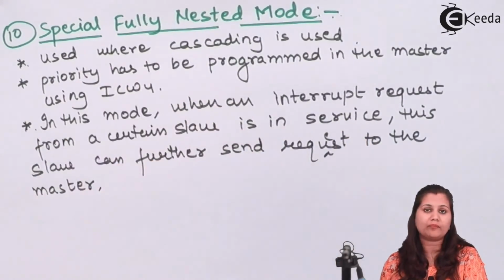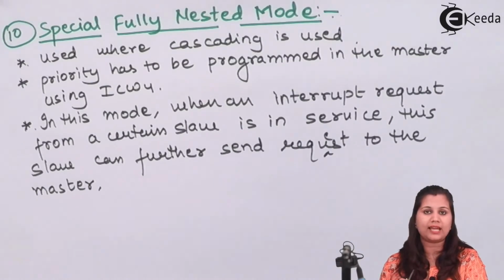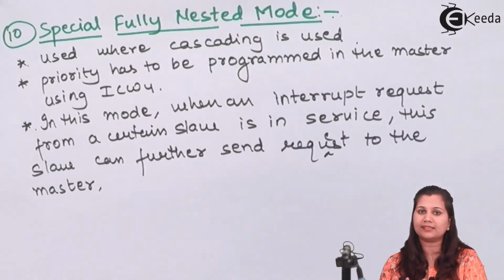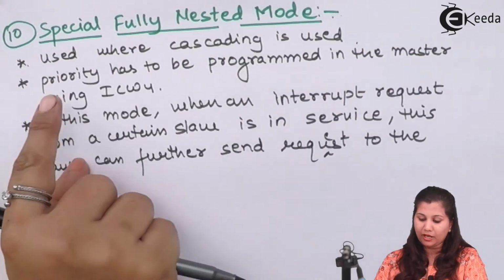Cascading means that more than one 8259 IC is used. When more than one is used, one 8259 IC acts as the master IC, and the other ICs act as the slave 8259.